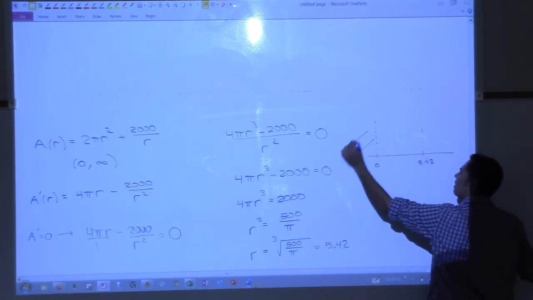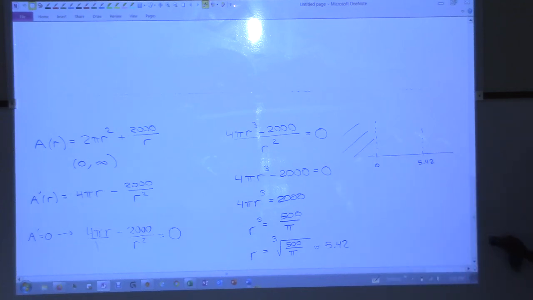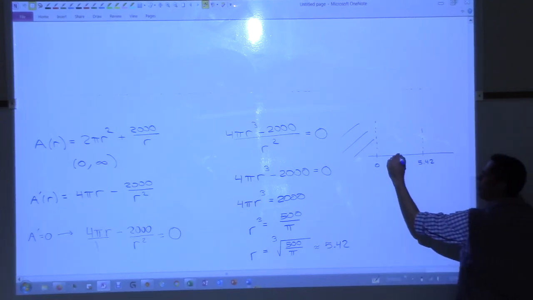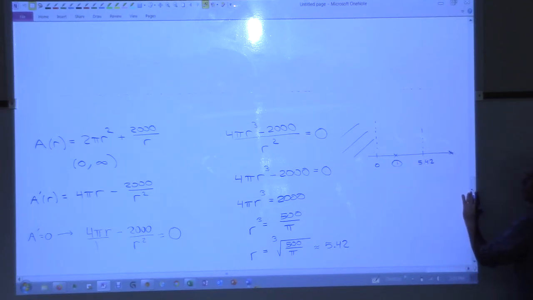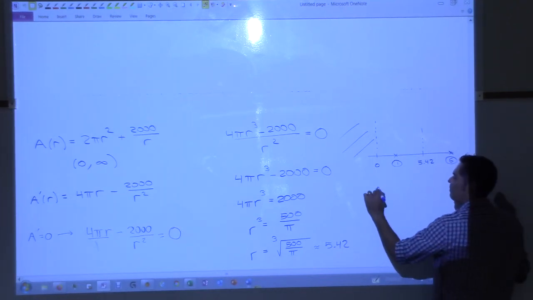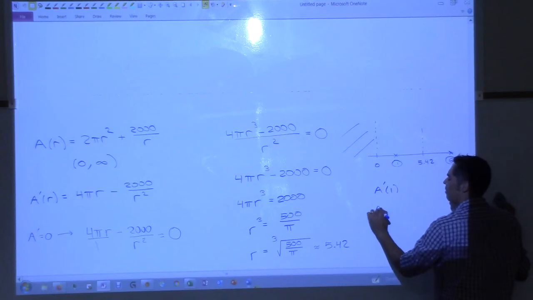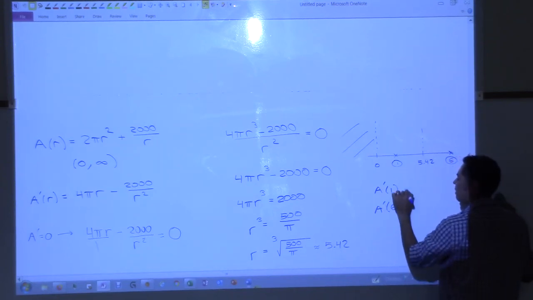We're going to ignore everything to the left of 0. We're going to pick a nice test point right here, like the number 1, and then anything to the right of 5.42, 6, okay, 6. And where are those going? Into the derivative, right? So we want A prime of 1, we want A prime of 6.